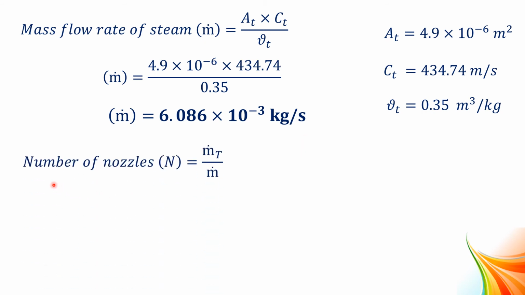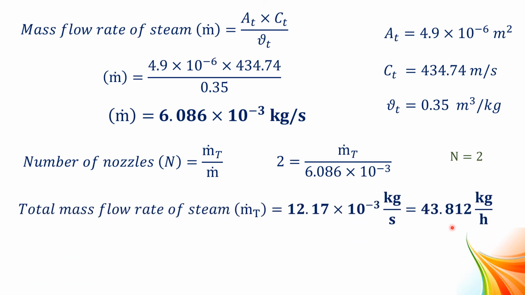Now we know the equation for number of nozzles, n equal to mt divided by m. So the number of nozzles is given in the problem, which is 2, and m we have already calculated. Substituting both the values in this equation, we get total mass flow rate of steam mt equal to 12.17 into 10 to the power minus 3 kilogram per second, or 43.812 kilogram per hour.